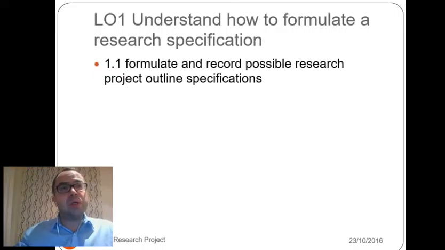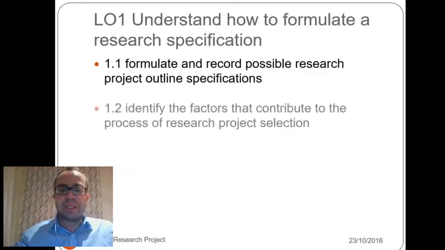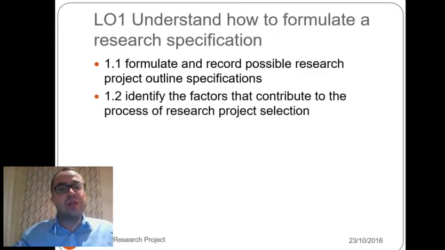First, we are going to look into how to formulate and record possible research project outline specifications. Second, we are going to look into the factors that contribute to the process of research to complete your project selection.